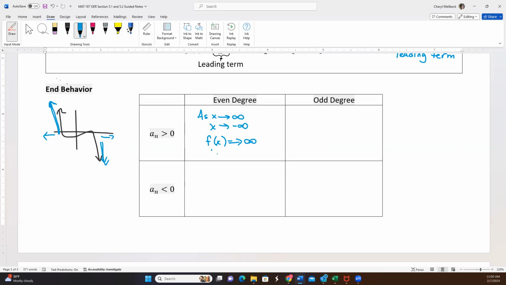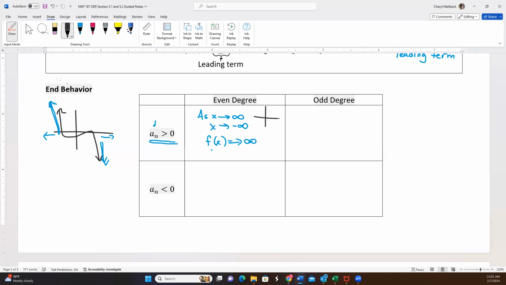So let me show you what that looks like. If your lead coefficient is positive and you have an even degree function, what that will look like is this.